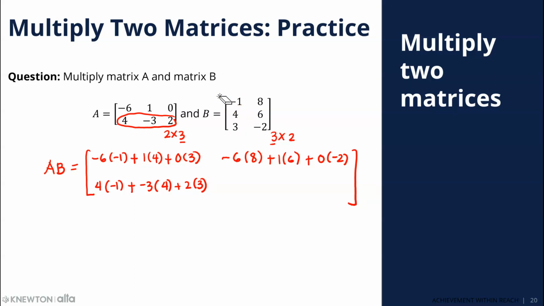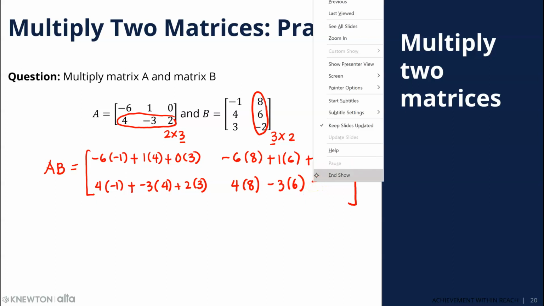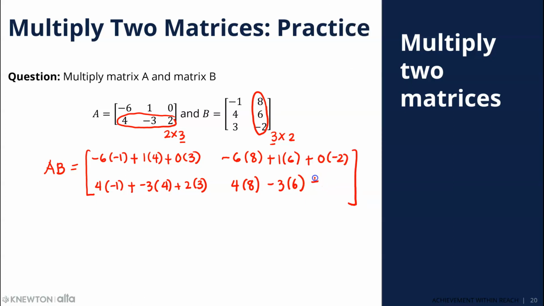And then to obtain the element in row 2, column 2, you multiply row 2 entries times column 2 entries and add the products. So you have 4 times 8, negative 3 times 6, and then you add plus 2 times negative 2. So you make sure you add all the products here.